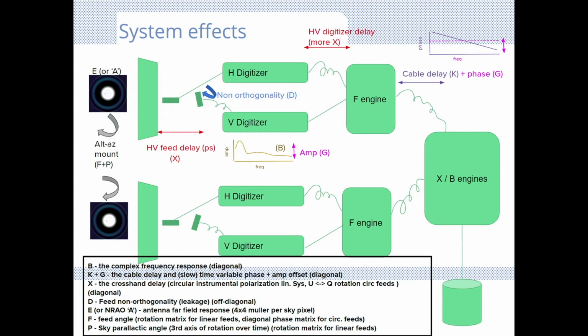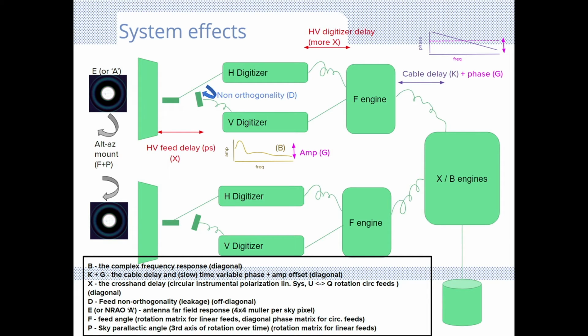The next effect here is just the delay term between the vertical and the horizontal dipoles. This will induce essentially circular polarization, right? Because remember, circular polarization is really defined as the delay between the signal passing through a dipole, let's say the Y dipole and the X dipole.